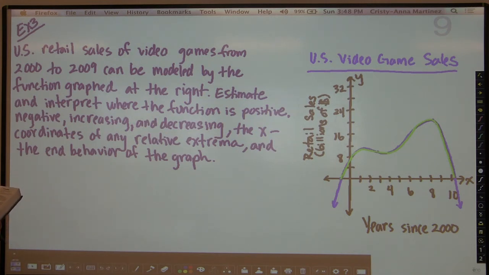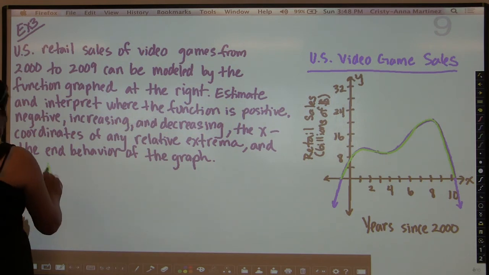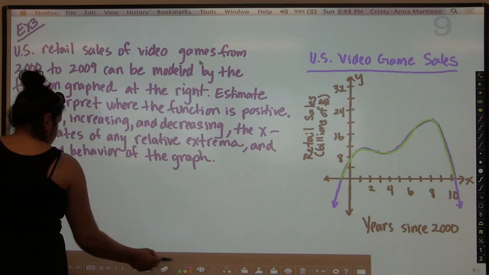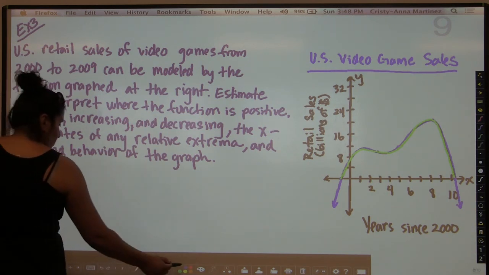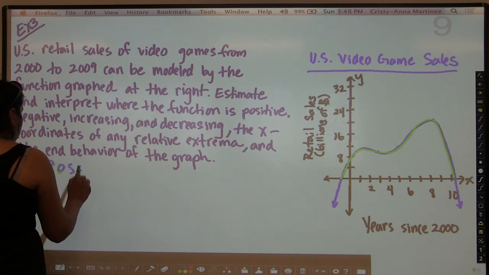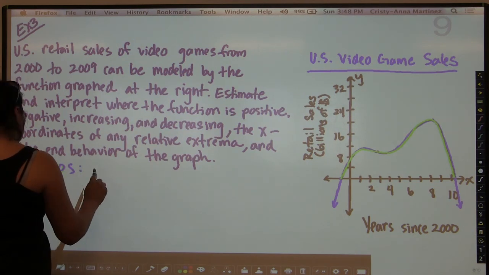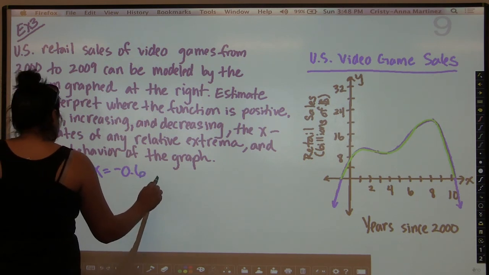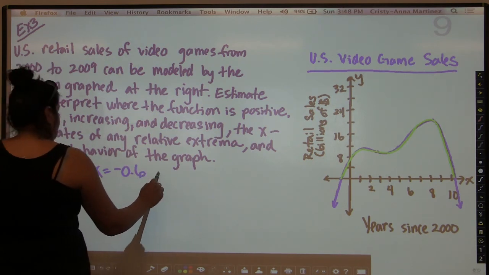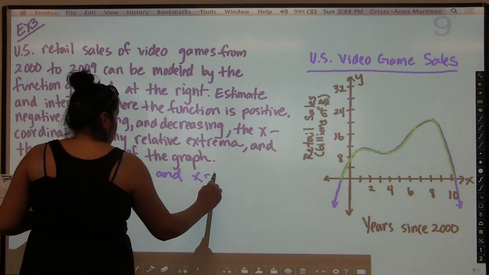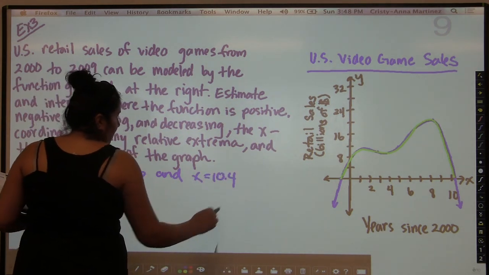So it's positive between, according to them, -0.6 and roughly 10.4. That's where the graph is positive.